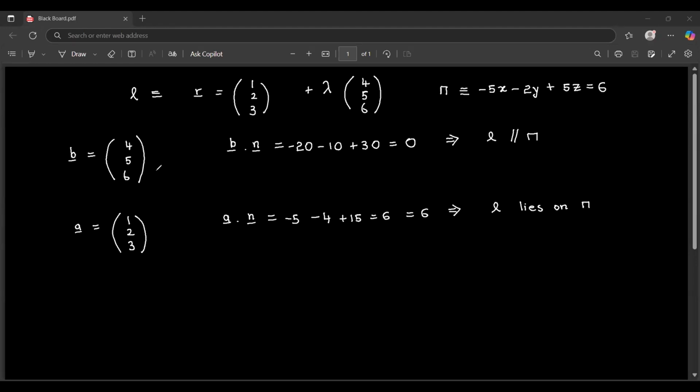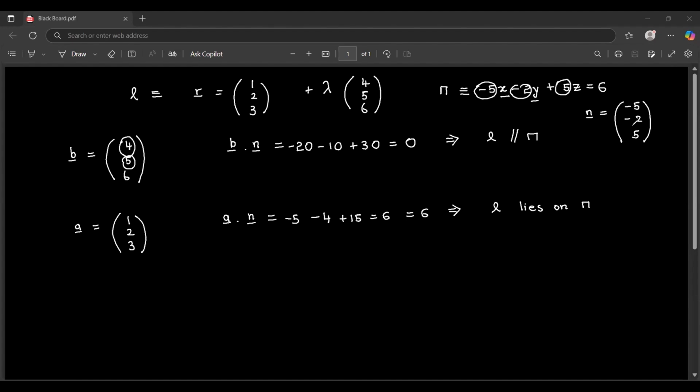So you may think, why am I replacing the x value with 4, y value with 5, and z value with 6? Actually, the normal vector is given as minus 5, minus 2, and 5. How do we find that? Well, in the Cartesian equation, the coefficients of the coordinates will be the coordinates of the normal vector.